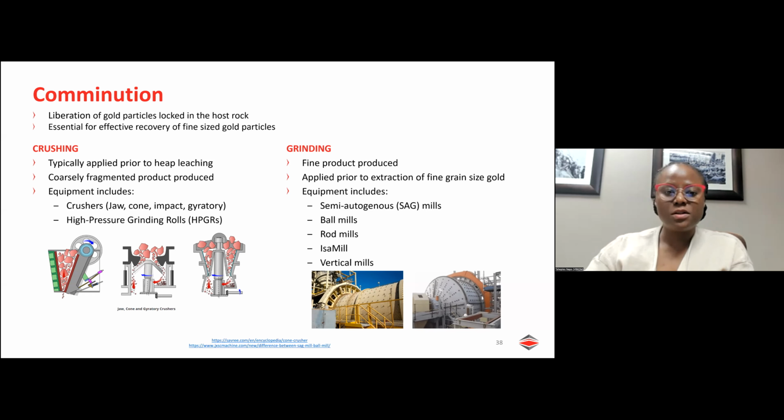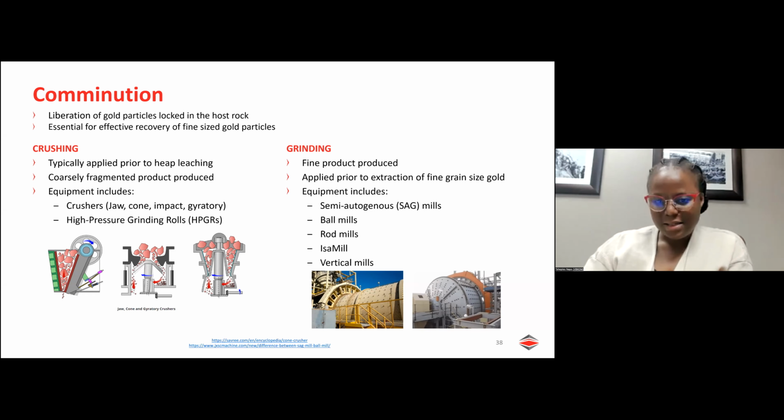Mills are typically used for grinding, and that can be anything from your semi-autogenous mills to ball mills, depending on what your textural analysis dictated.